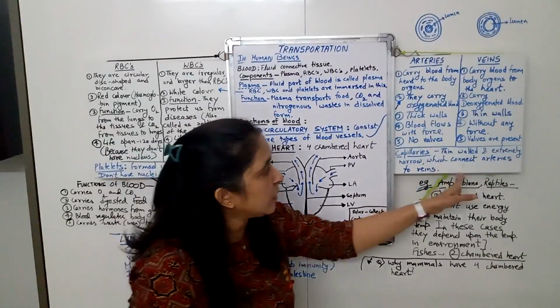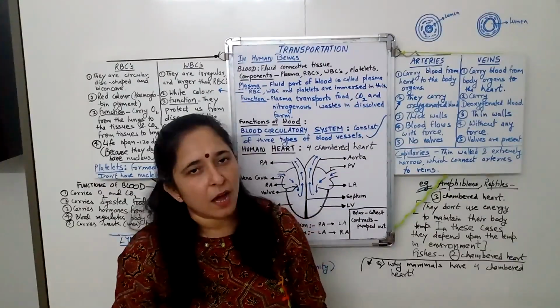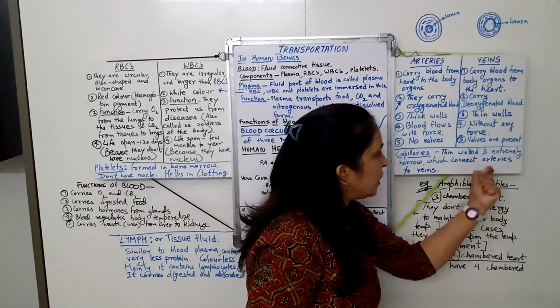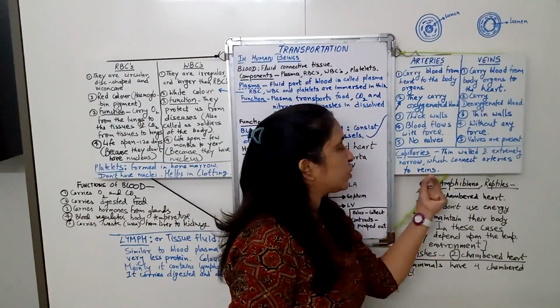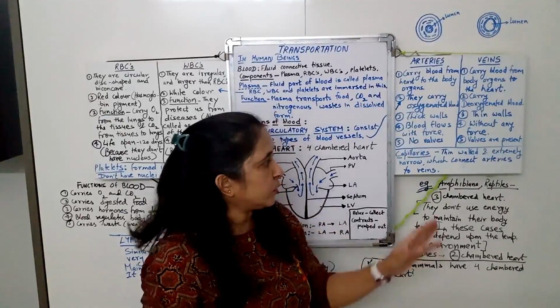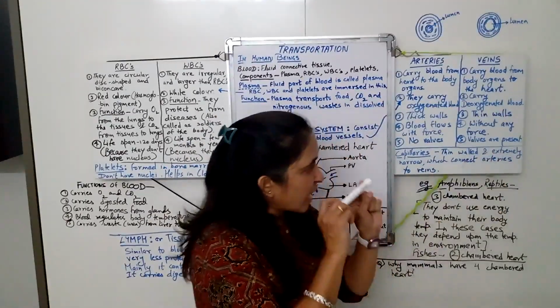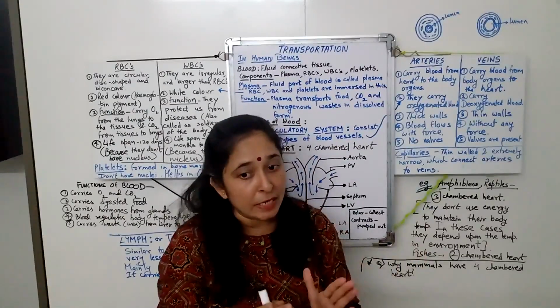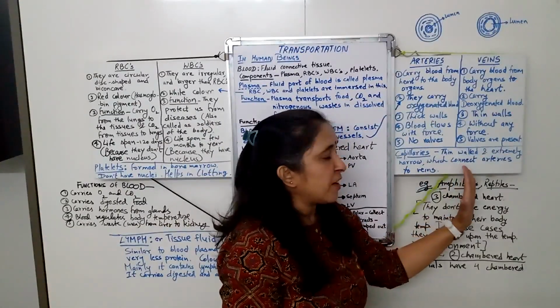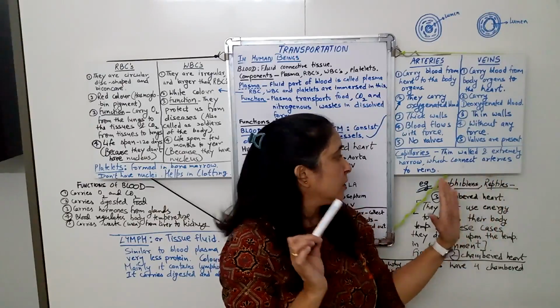Now what are the capillaries? Capillaries are very thin walled and extremely narrow vessels which connect the arteries to the veins. That is the main characteristic structure and function of the capillaries: thin walled, narrow, and connecting the arteries and the veins.